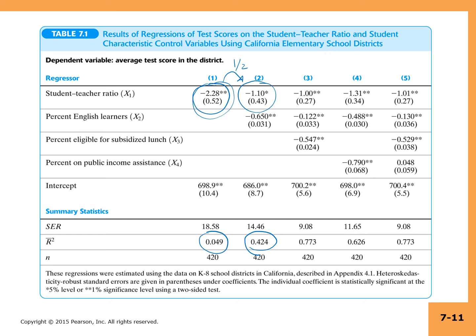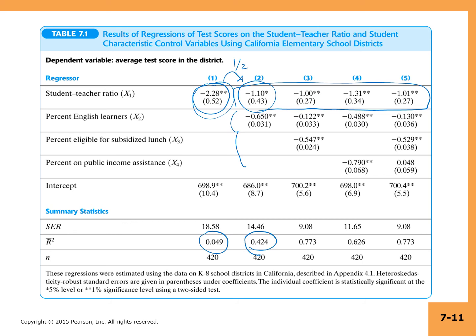So the model where student-teacher ratio is the only regressor doesn't seem to explain the test score very much. The second thing is that whatever type of control variables you include, our main coefficient of interest doesn't seem to change that much. They're all hovering around -1, and they're all statistically significant, at least at the 5% level.